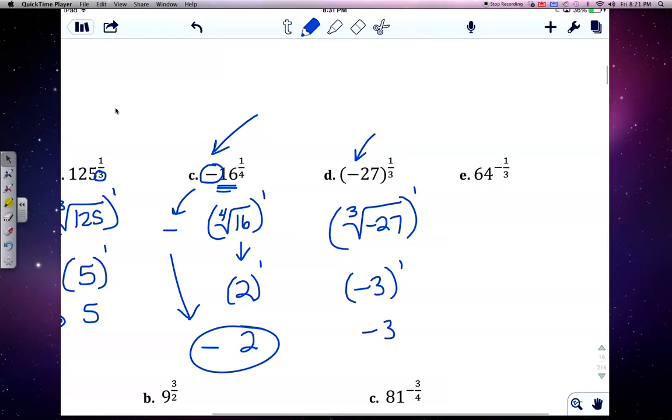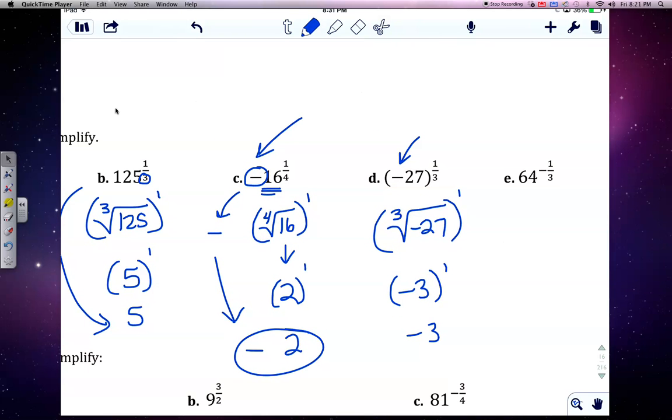Okay. Now part E. Part E is going to take something that we learned in the previous section and bring it down to this section and add something else to it. 64 raised to the negative 1/3 power. I have a negative exponent. Do you remember what negative exponents mean? It means that we have to move the base position. It doesn't mean we have a negative answer. I can remember the definition of a negative exponent.